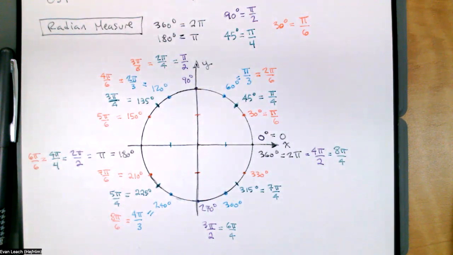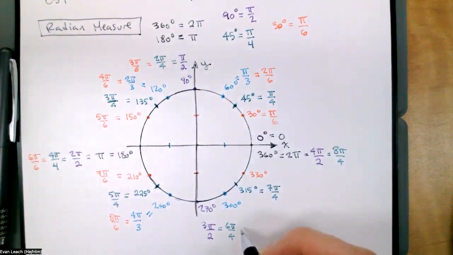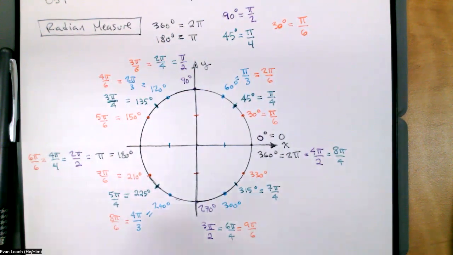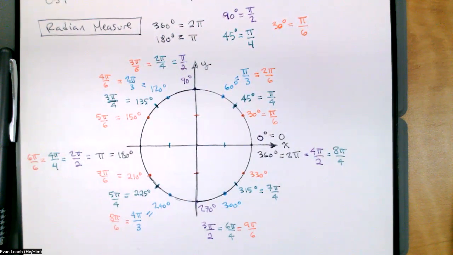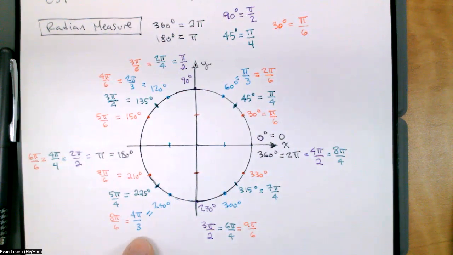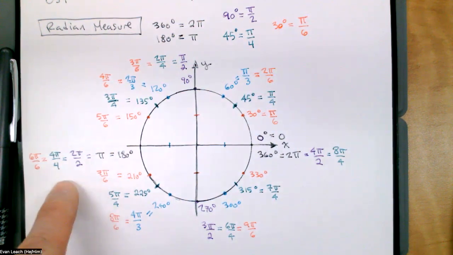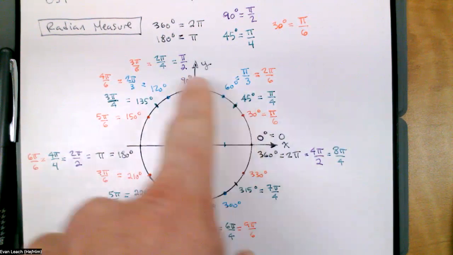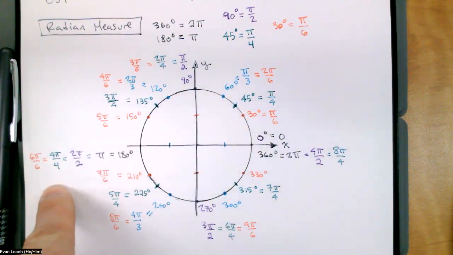Next up will be 9 pi over 6. 9 times 30 is 270. So down here, I'm going to put my 9 pi over 6. If we simplify 9 pi over 6, we get 3 pi over 2. Ah, yes, right, because I have 1 pi over 3, 2 pi over 3. I didn't put the 3 pi over 3 here yet.